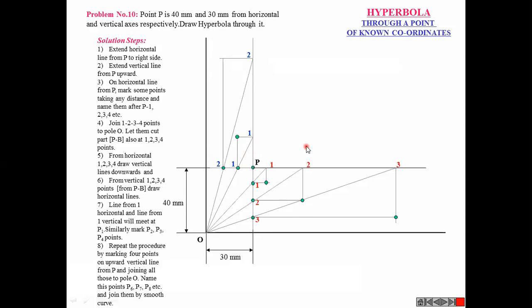So we got two more points. Now we have got this whole collection of points like this, which is nothing but the parabola. Sorry, hyperbola. Understand? Like this.